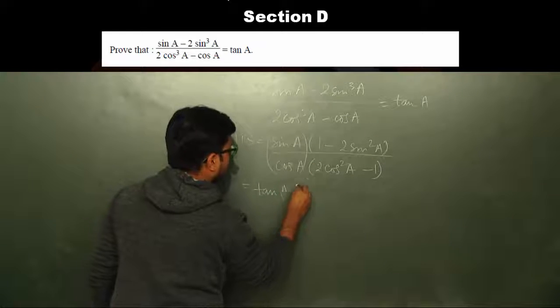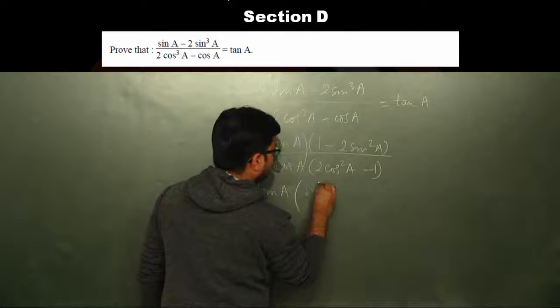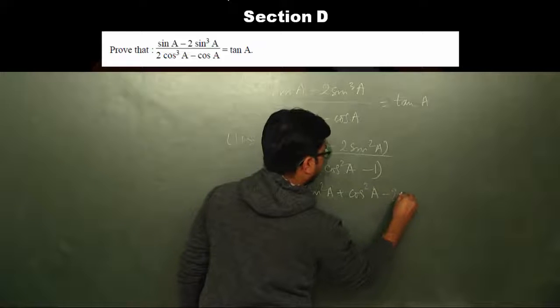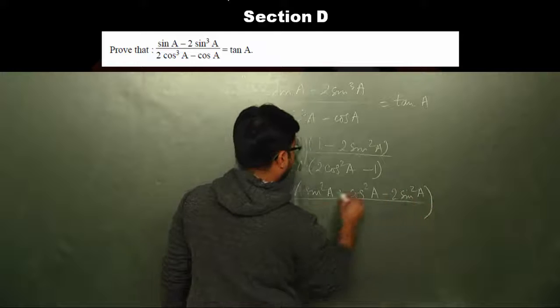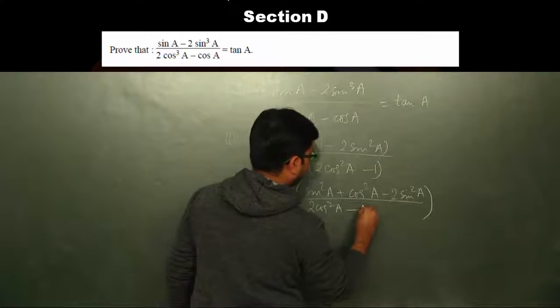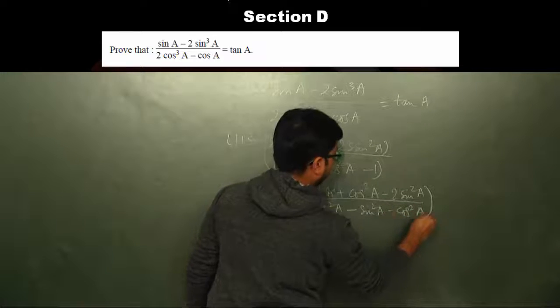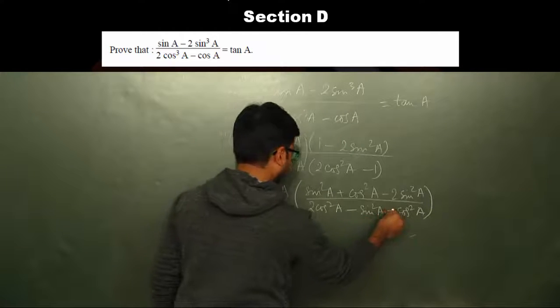is that you need to get rid of 1, and 1 is what? Sine square A plus cos square A minus 2 sine square A, and here, since it is minus 1, you have minus sine square A minus cos square A, because if you take minus common, it will be sine square A plus cos square A, which is 1.